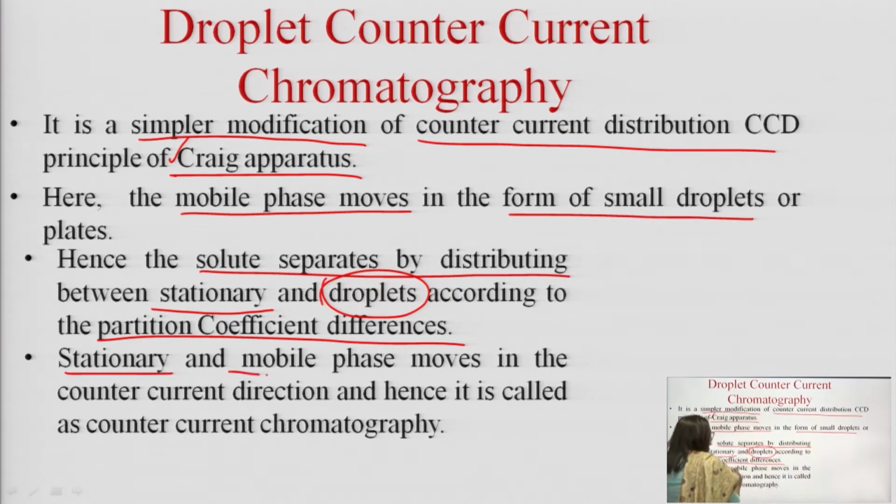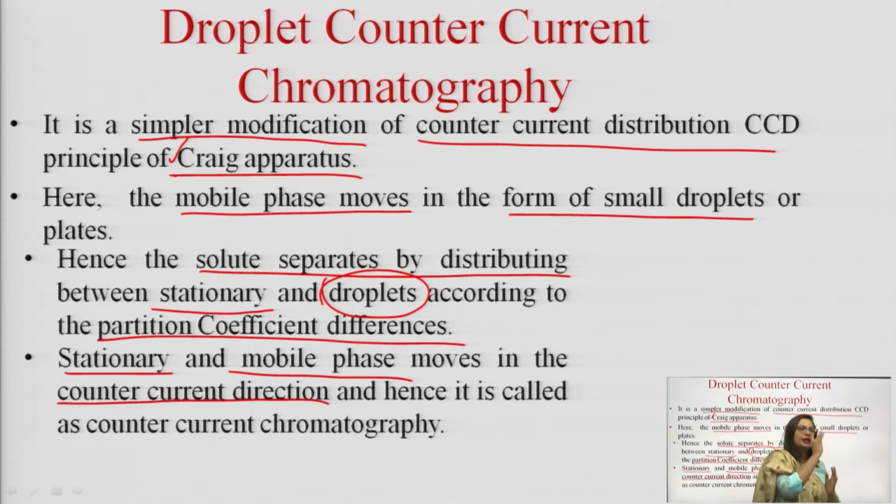Stationary and mobile phase move in the counter current direction. Counter current means in the opposite direction, like the mechanism, if you have studied in HAP, the counter current in the kidney, the movement is coming from one end, and after that in the Henle's loop, it goes in the opposite direction. So that is called counter current direction.